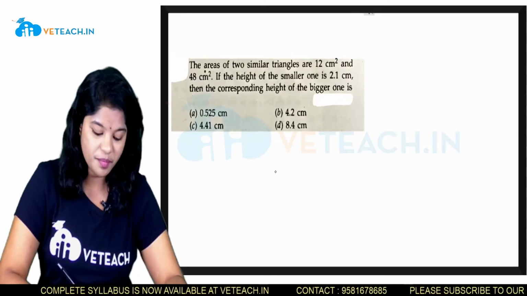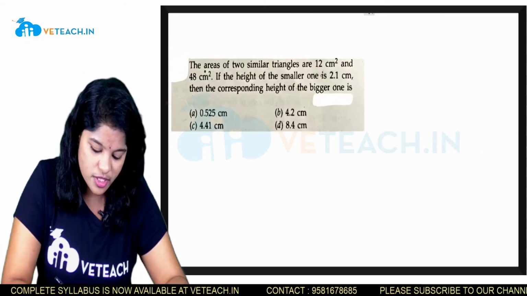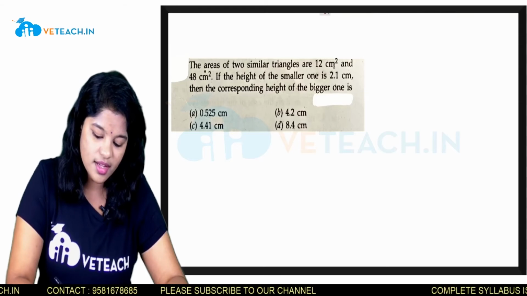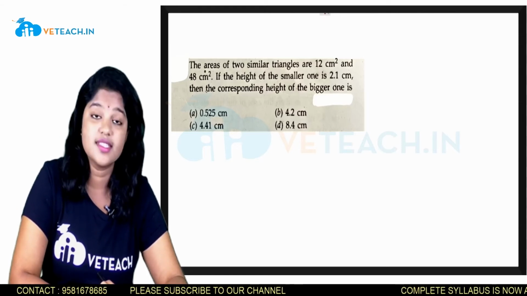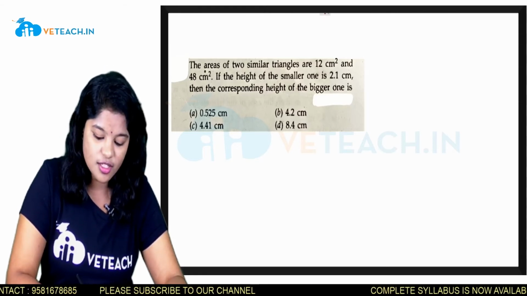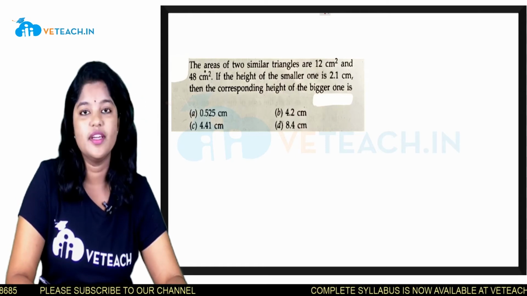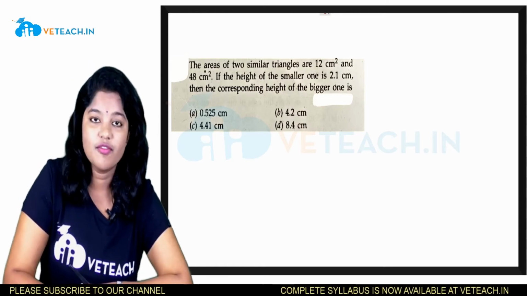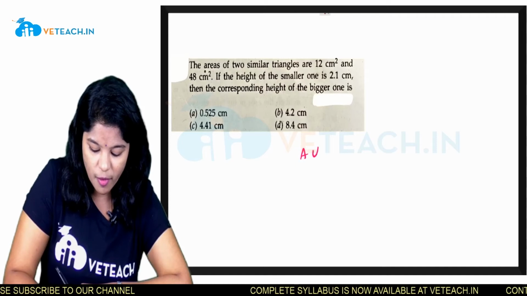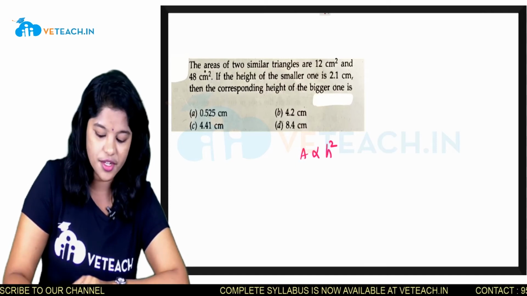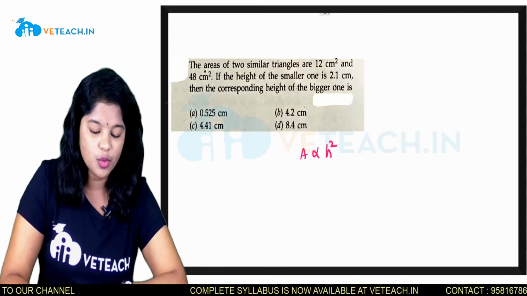See the next question. The areas of two similar triangles are 12 cm square and 48 cm square. If the height of the smaller one is 2.1, then the corresponding height of the bigger one is. So the area of similar triangles will be proportional to the square of the altitude. So here we have two triangles.